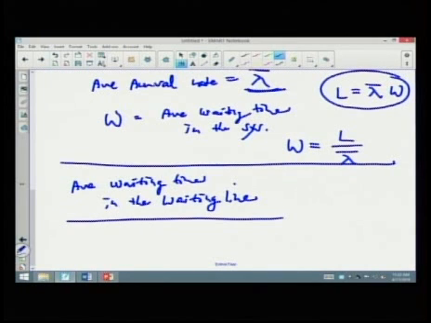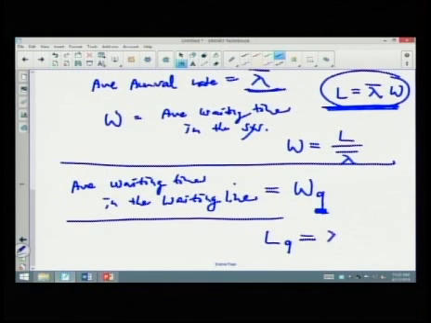So that is represented by W sub Q. This Q stands for the queuing line, okay? Waiting line. And I got to tell you that just like this, with a small modification, RQ equals lambda bar times WQ. Okay? That works.